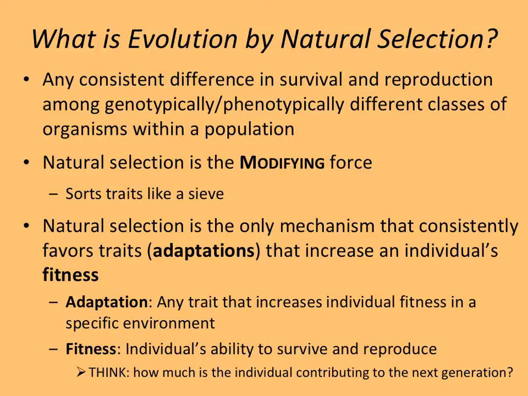Those individuals that don't have that are at a disadvantage, and eventually their genes are going to disappear from the gene pool. Fitness is an individual's ability to survive and reproduce and pass on his or her genes. Adaptation is any trait that increases an individual's fitness, ability to survive or reproduce, in a specific environment.